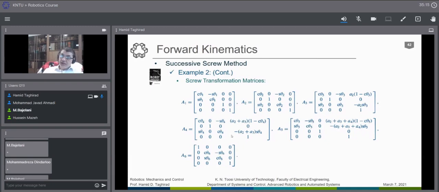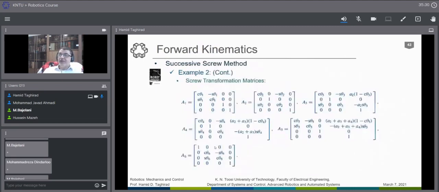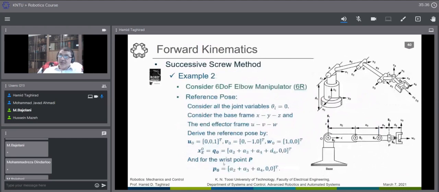Of course, you should learn that too, but here it is much easier to find the screws and find A1 to A6, and then you use the loop closure method. As we consider here, the loop closure method is that you should multiply all of these and then put it on here and find the final position.